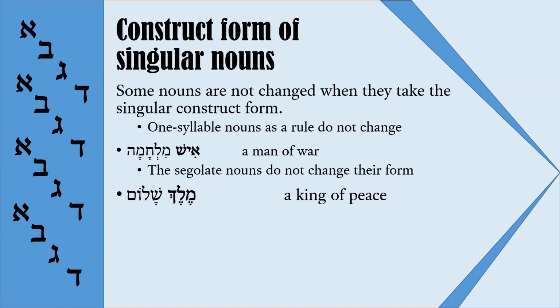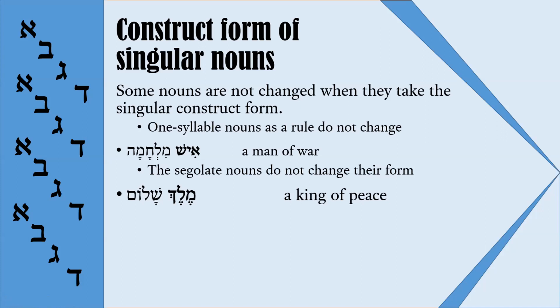And another good thing is that the Segolate nouns do not change in the singular form. So, for example, melech would be the same in absolute form and in construct form. Melech Shalom, a king of peace. Melech Israel, a king of Israel. What else?